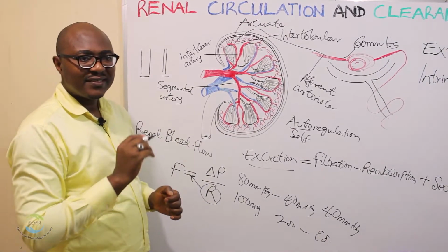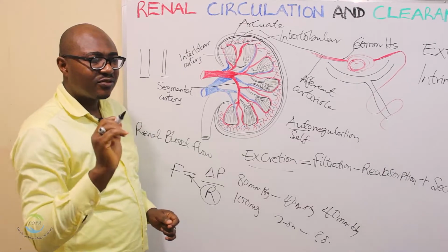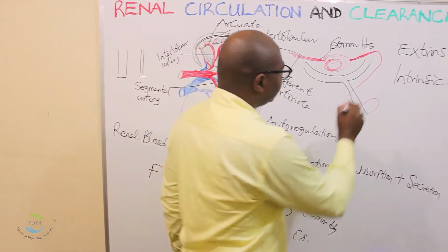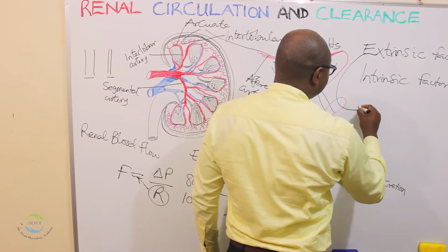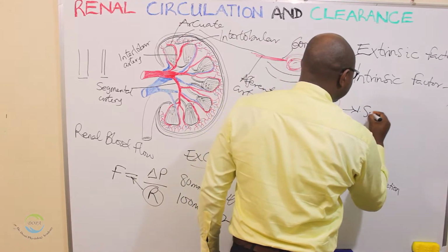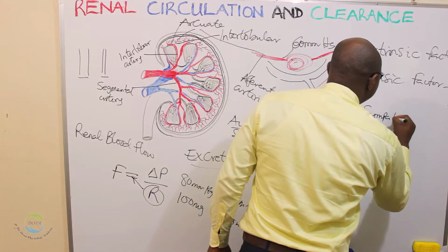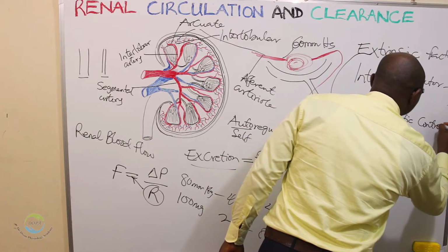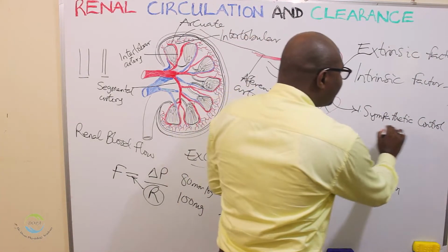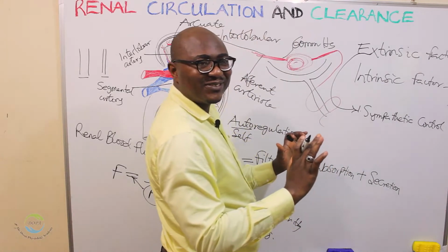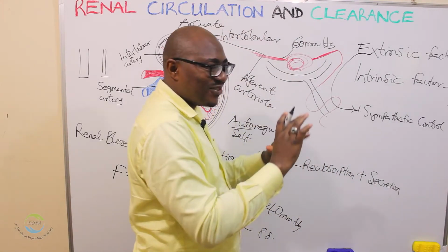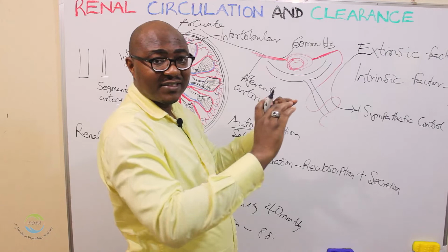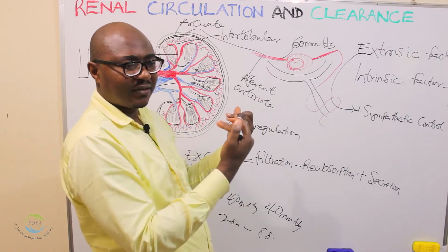One of them is sympathetic control. So what do we mean by sympathetic control? Remember that you have the autonomic nervous system, which is part of the peripheral nervous system.